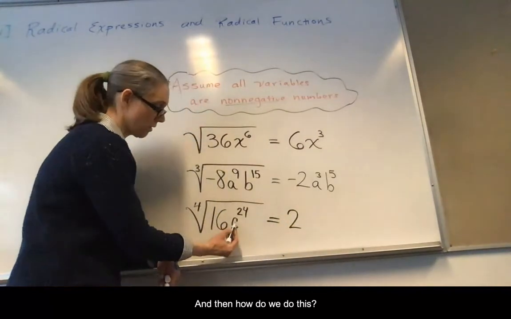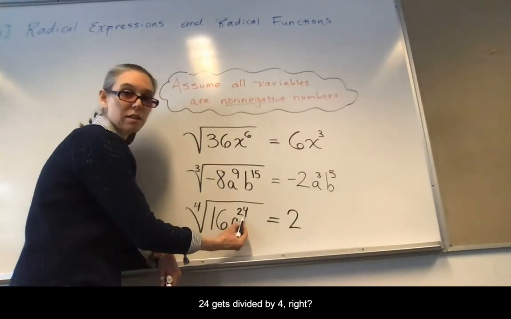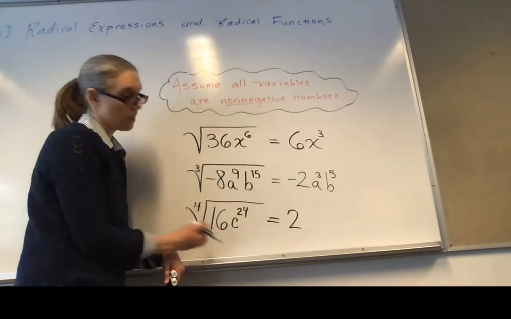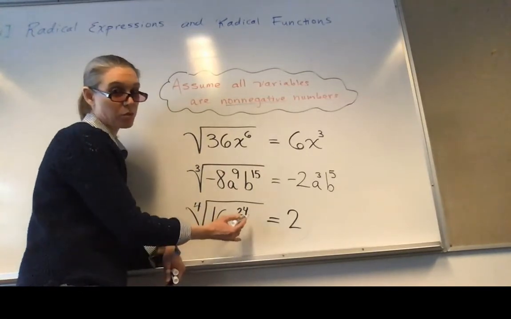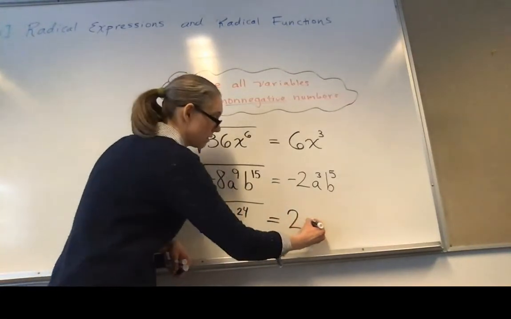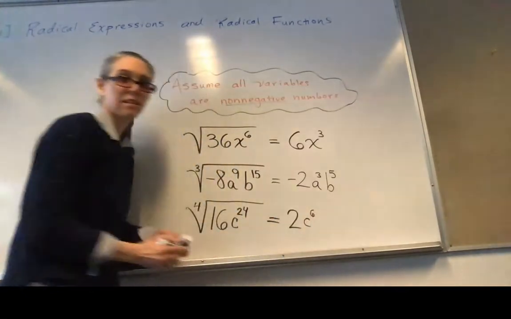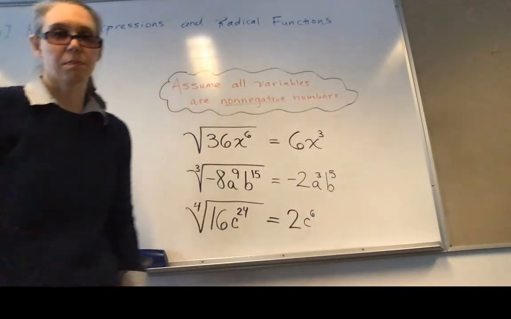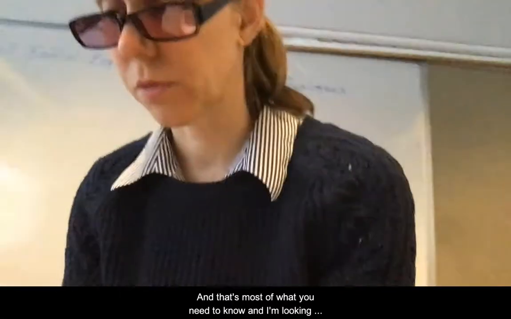And then how do we do this? This 24 gets divided by 4. 24 divided by 4 is 6. So c to the 6, like that. And so that's pretty straightforward right there. And that's most of what you need to know.